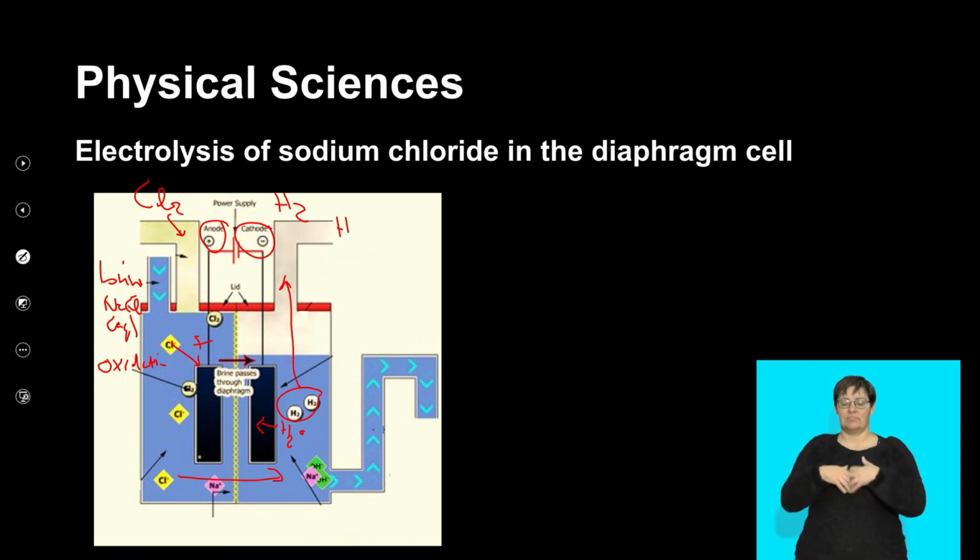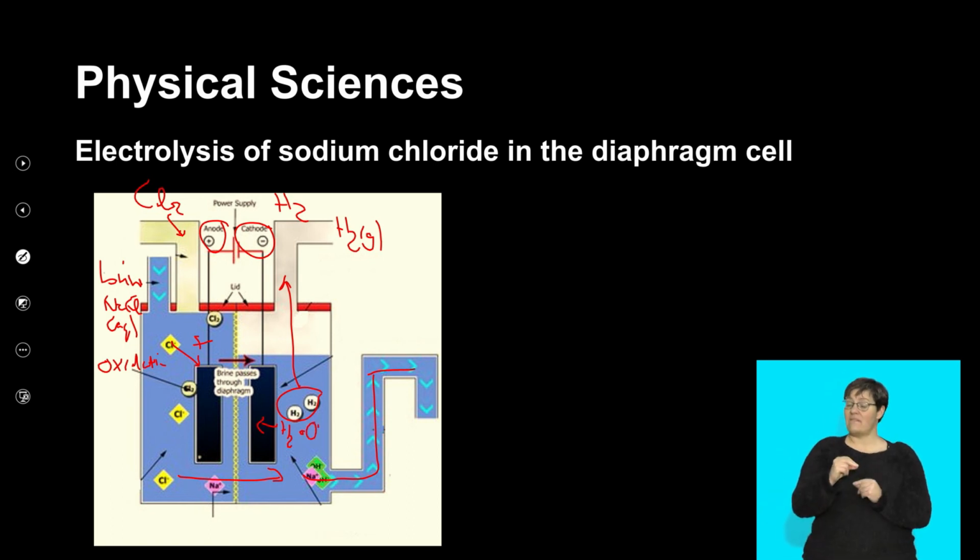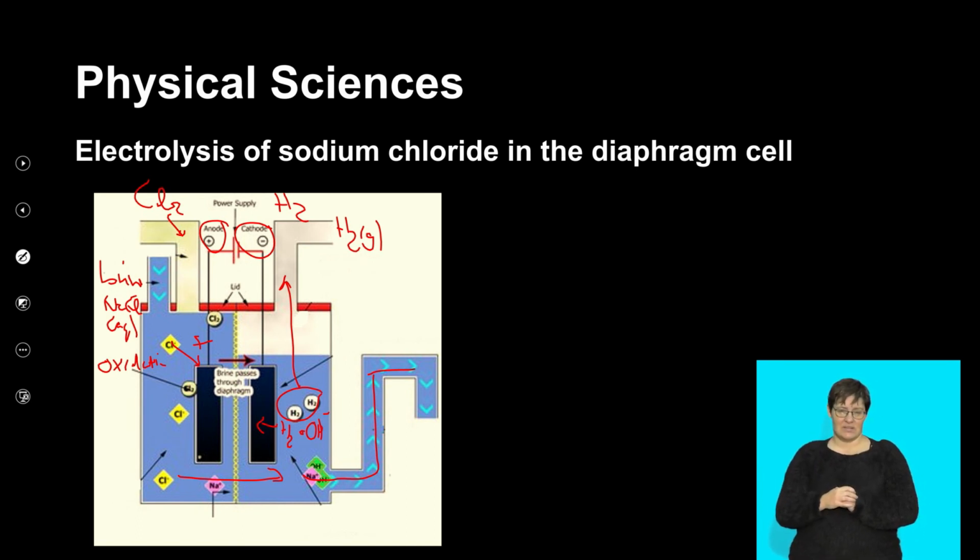So there's where your hydrogen gas is going to come through. What's pumped out of the cell on a continual basis is some sodium hydroxide. Out of this reaction, we not only got sodium, but we also got hydroxide, if you remember the redox equation. The hydroxide links with the sodium, and away we go.